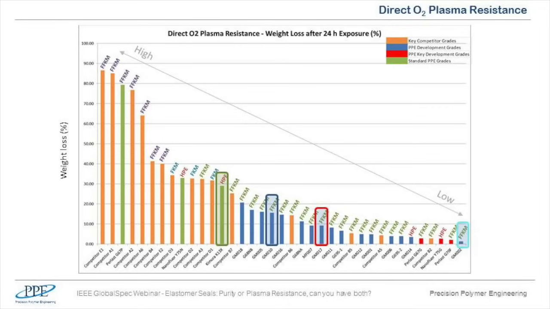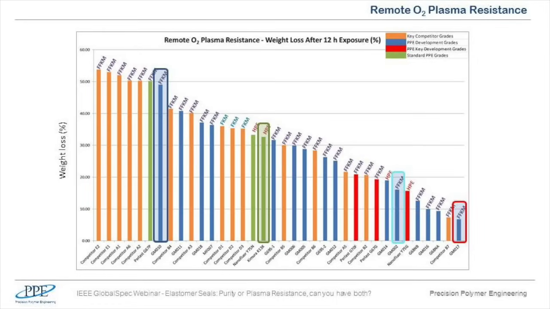Now let's have a look at the weight losses of these materials in the same chemistry, actually another oxygen, but the type of plasma is different. It's remote oxygen plasma. Okay, before we forget, the order from the previous slide was green, dark blue, red, and light blue.